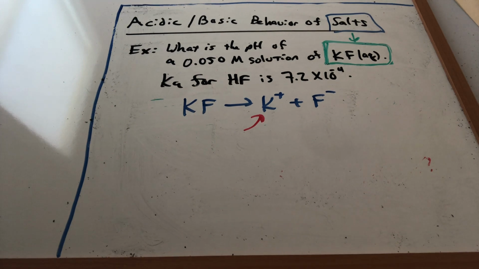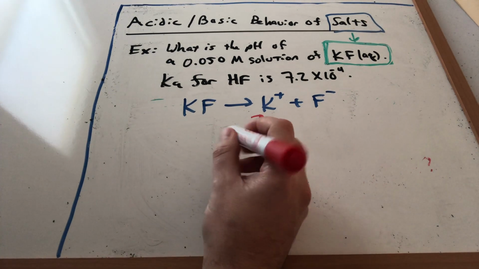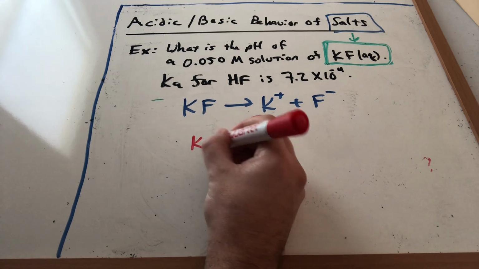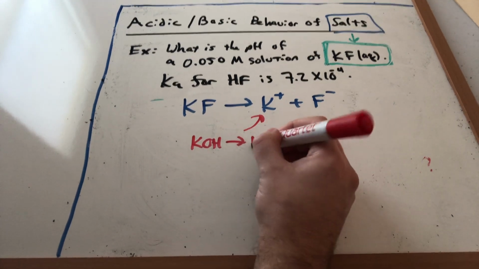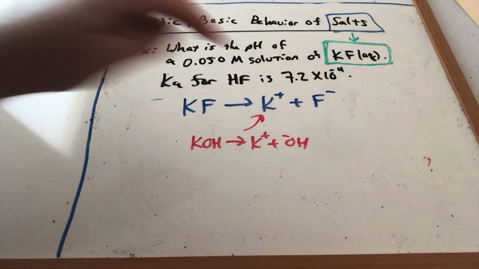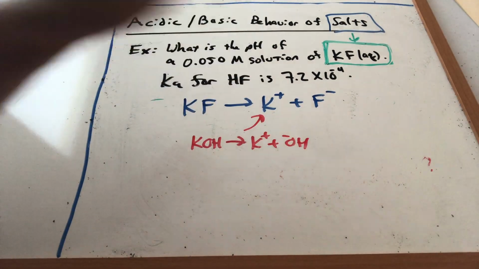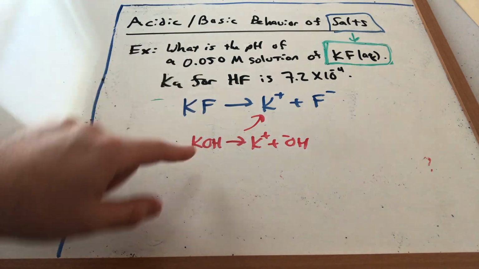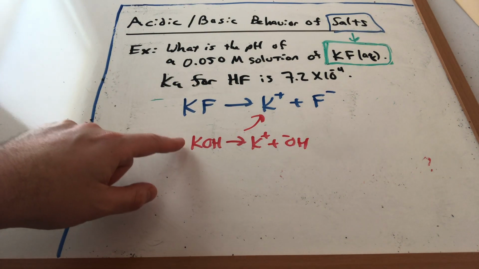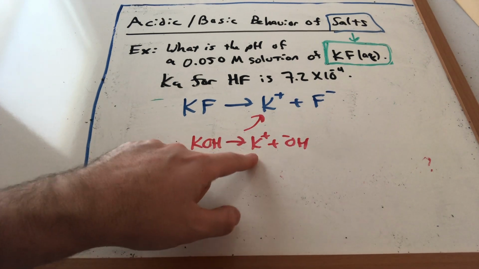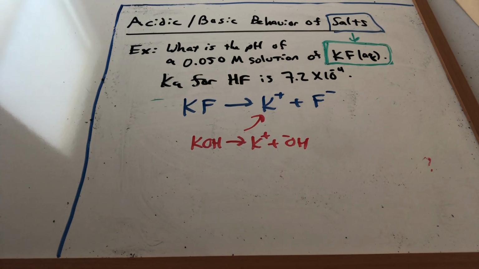So K plus, for instance, you've seen this from the reaction KOH breaks down into K plus plus OH minus. That's where you recognize that metal with a positive charge in terms of acid-base chemistry. You've seen K plus in a strong reaction. It's the product of a strong reaction, right?